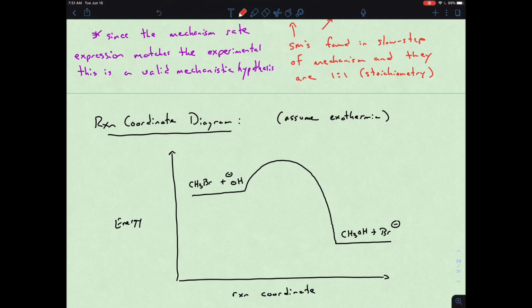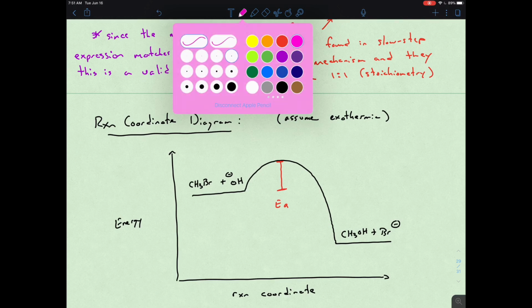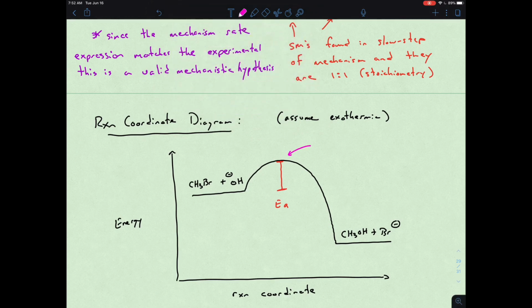Again, here is our activation energy, and this is our transition state. That's the energy that we need to supply to get those two materials to come together.